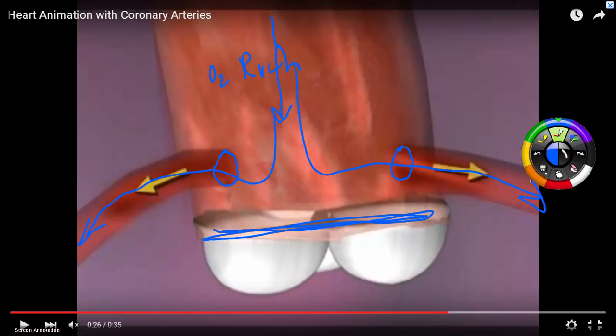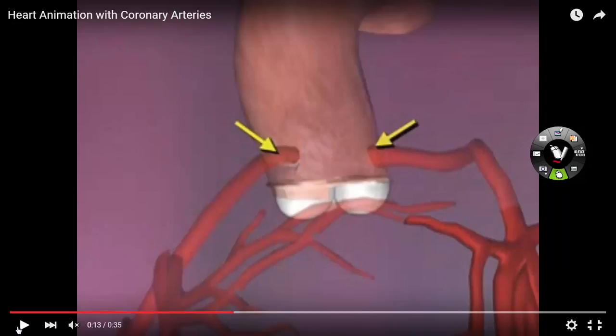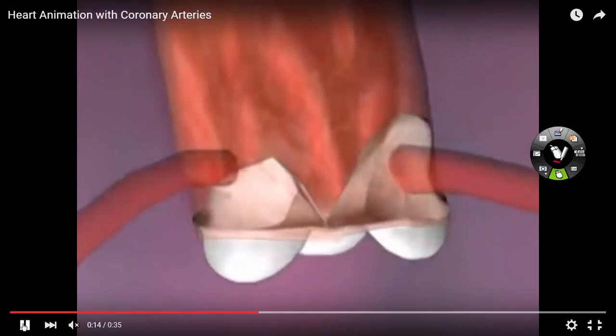So don't just write ventricular diastole. What I'm asking for is the explanation. And the explanation is this. When the left ventricle, which is full of oxygenated blood, sends O2-rich blood to the other cells of the body, it forces open the aortic valve.